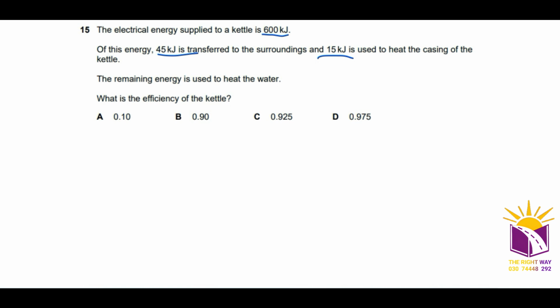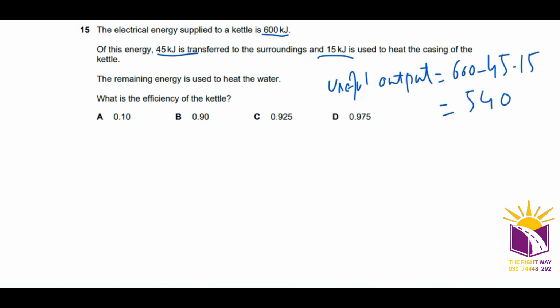So our useful output will be equal to 600 minus 45 and minus 15, and it will be equal to 540. So now efficiency will be equal to 540 divided by 600, which is equal to 0.90. So B is the right answer.